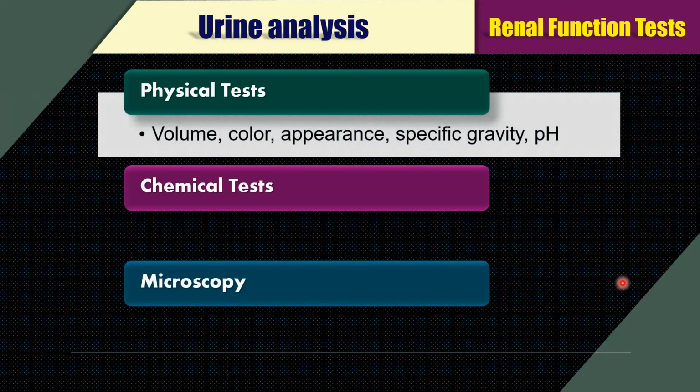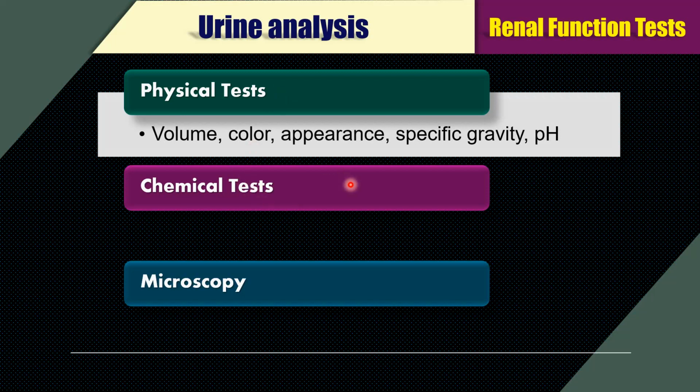Under physical test, after collecting the urine, we can see the appearance, color, odor or smell, volume of the urine, specific gravity and pH. These are grouped under physical characteristics of the urine.